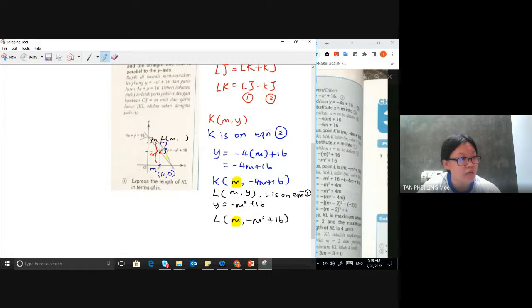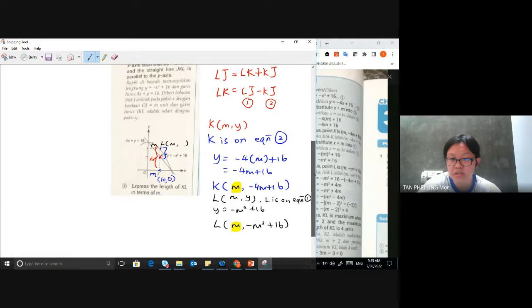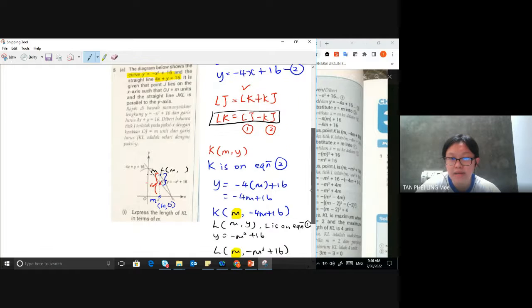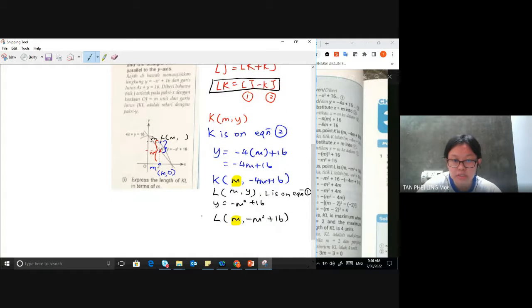Okay, so can I say that if I want to find out my KL, it is actually negative M squared plus 16, minus. So now I can happily do this. Remember, this is the first part that we found out here. Sorry, very ugly, let me make it properly. This part. So now I have got my LJ. My LJ is actually my point L, which is this one, step 1.